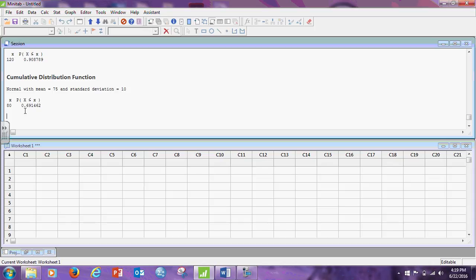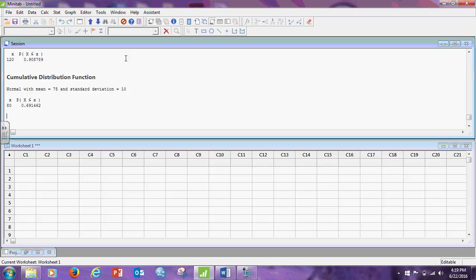So for greater than 80, the answer is 1 minus this value. So 1 minus 0.6915 is 0.3085. So about a 30.85% probability of finding a value greater than 80 when the normal population has a mean of 75 and a standard deviation of 10.